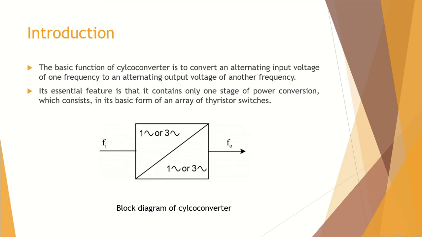Its essential feature is that it contains only one stage of power conversion, which consists in its basic form of an array of thyristor switches. By opening and closing these thyristor switches, we can have an AC output voltage of different frequency. How? We will discuss it later.